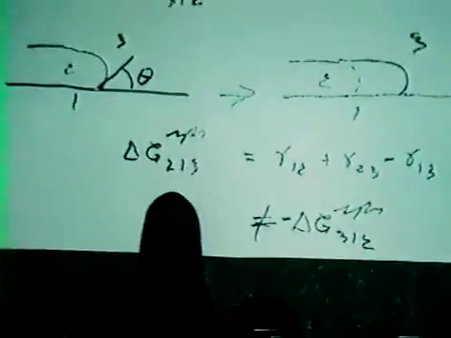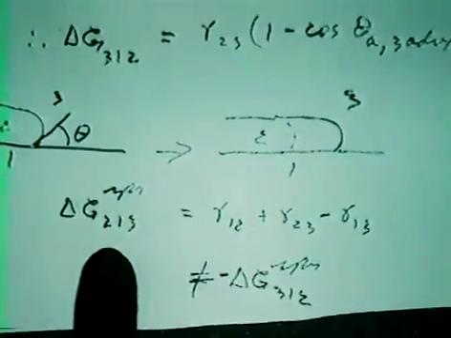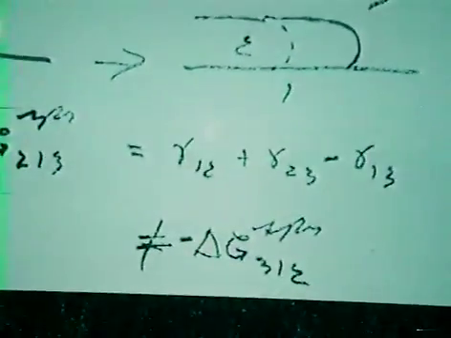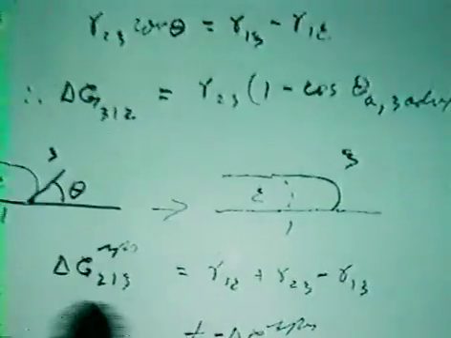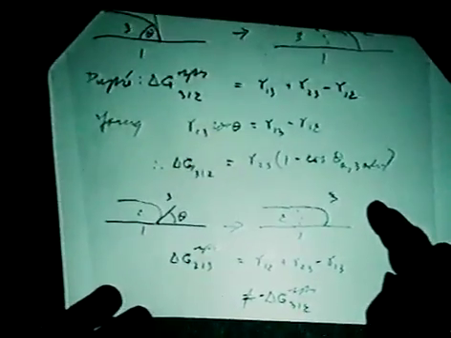So the free energy of spreading 2 displacing 3 is not the negative of the free energy of spreading 3 over 2. This is all based on the fact that there are 3 terms here. You cannot reverse the process and simply have the sign change; the magnitude changes as well.